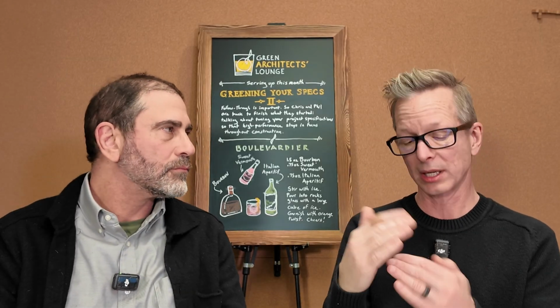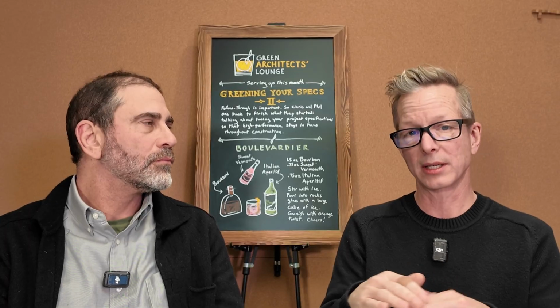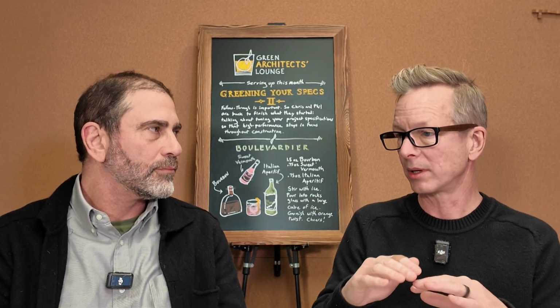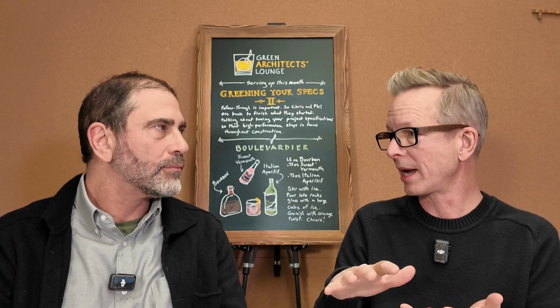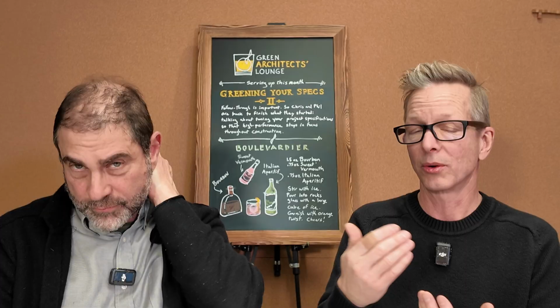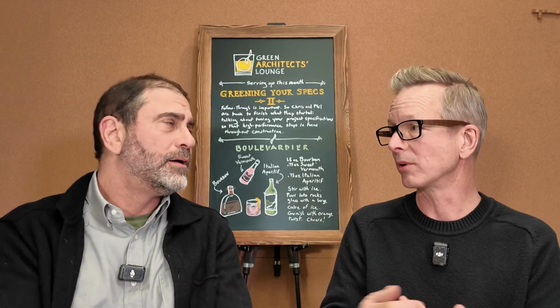It tongues together, and because it's engineered, it doesn't have the same movement a natural wood would have. So it takes that movement out, and it's really good for going on top of concrete slabs.